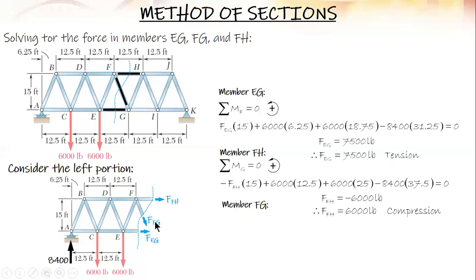And for FG, that's the time that you'll use summation of force Y. So you need the vertical component of FG. So first, get the slope of this member. So like this one, ang slope niya is 15 vertical over 6.25 horizontal. So if you divide 15 divided by 6.25, ang fraction na makuha nimo is 12 over 5.